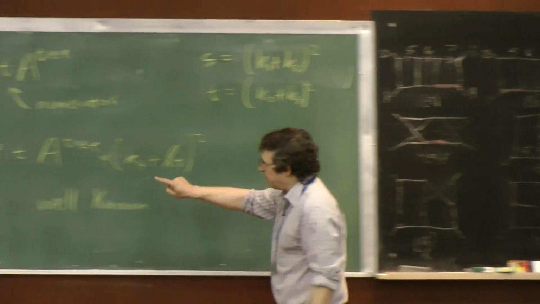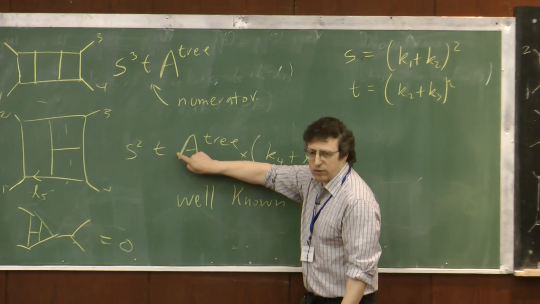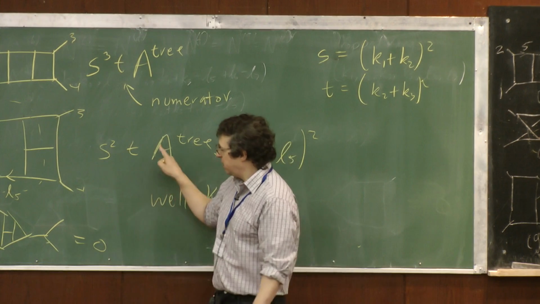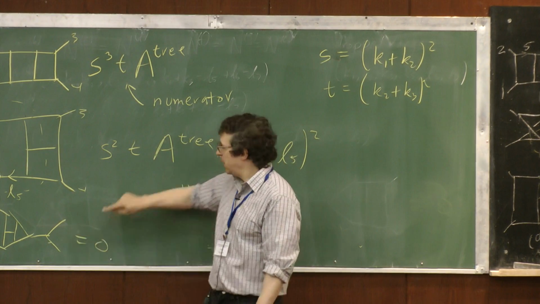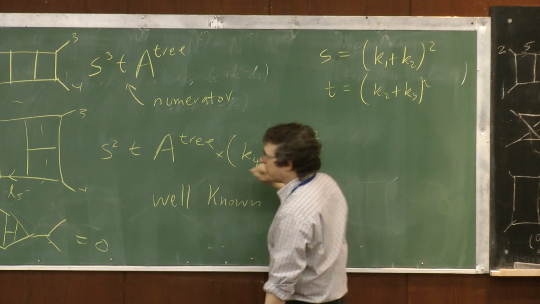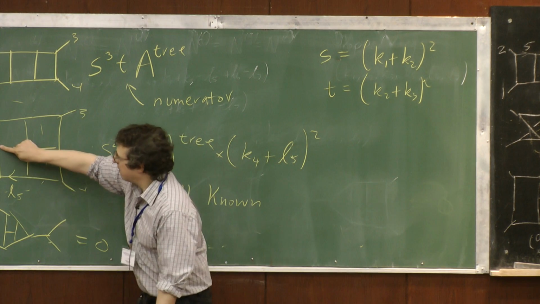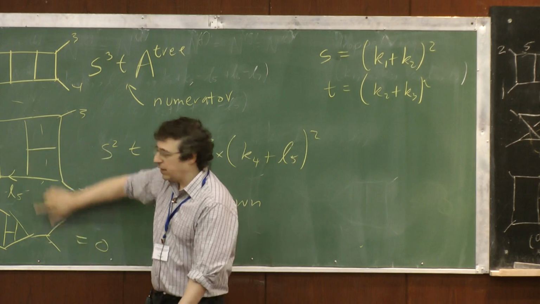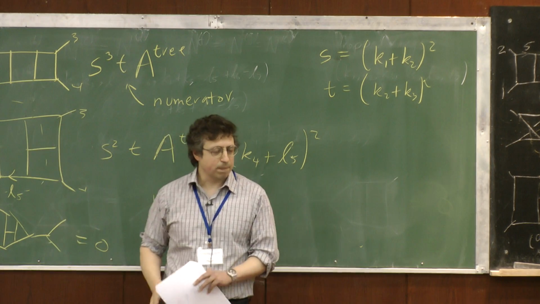But the point is, this is not a unique answer. It's just a representation. We can push stuff between here and here, for example. There's a squared propagator, or inverse, which might cancel this guy here, and then it mixes with that guy. So I need to push stuff around.